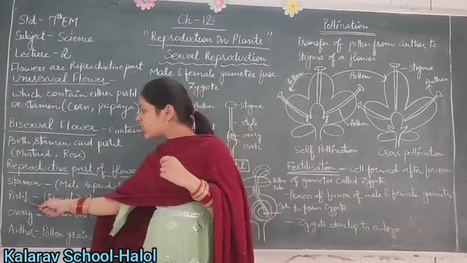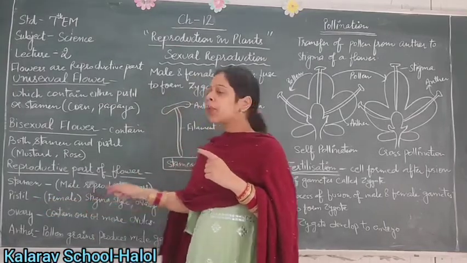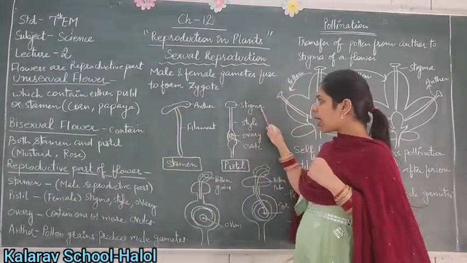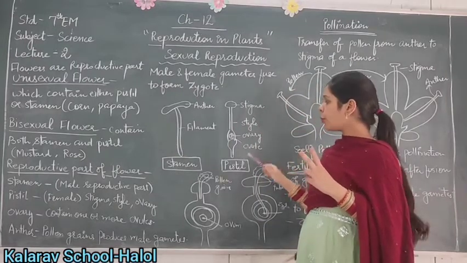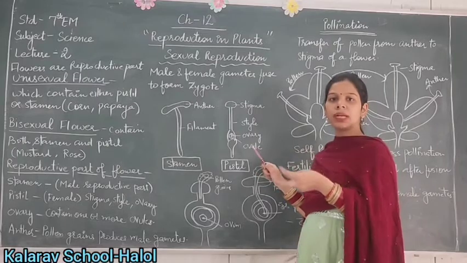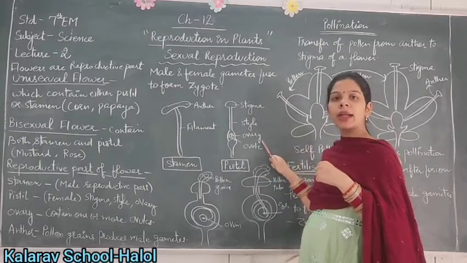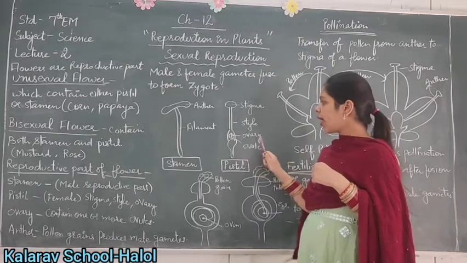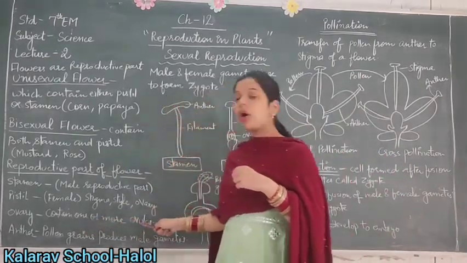Next is the pistil. The pistil is the female reproductive part. It contains stigma, style and ovary. The ovary contains one or more ovules.